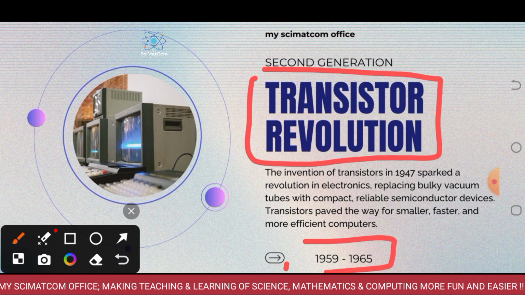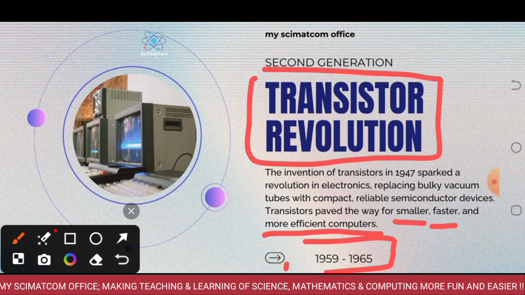The first generation was bulky, very large, and very heavy. But because they were integrated into transistors, and transistors are very small in size, the second generation computers were smaller than the first generation. They were smaller, faster, and more efficient than the first generation computers.